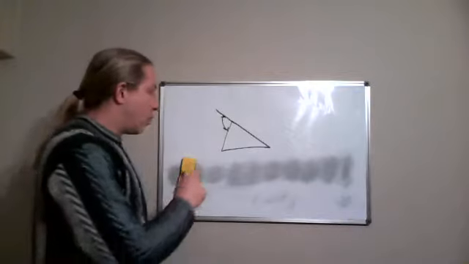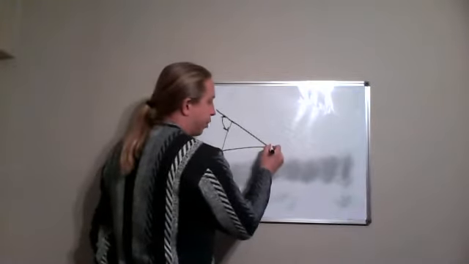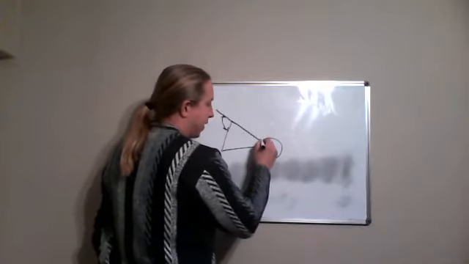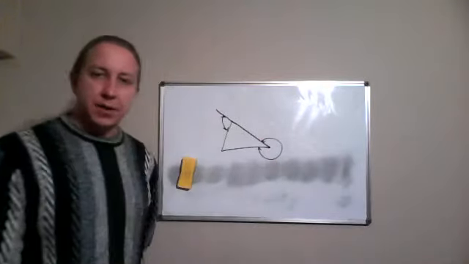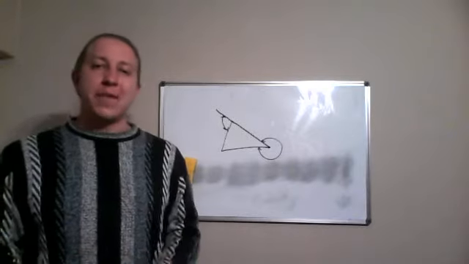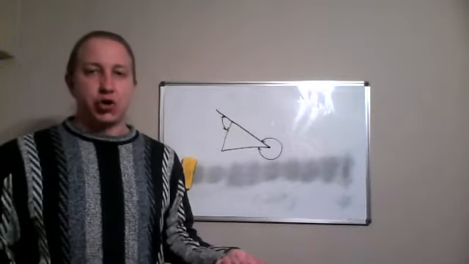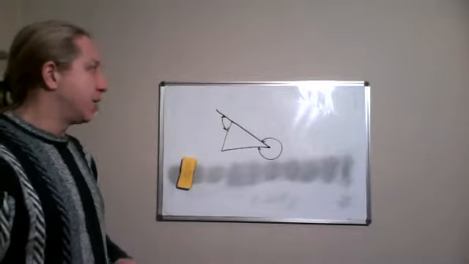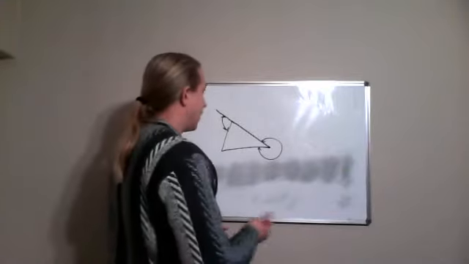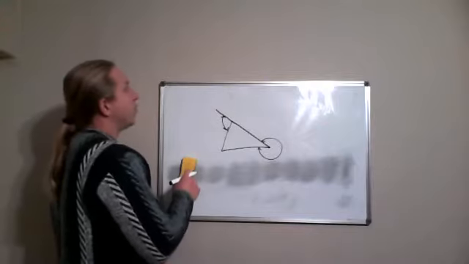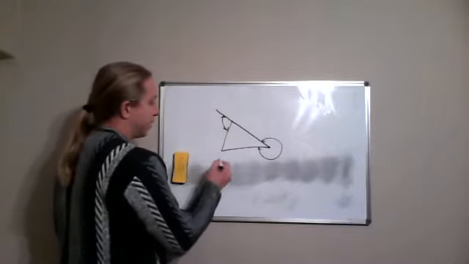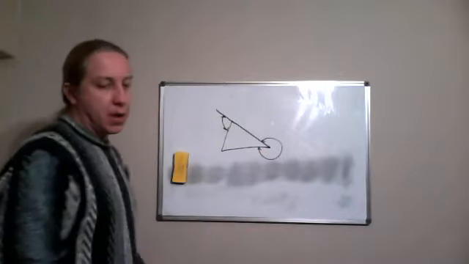Well, I think we can, because if we look at this point over here, this here is a reflex angle. Obviously we can't have a reflex angle inside the triangle, but we can definitely have one outside of the triangle. Let's actually think about it. Could we have a reflex angle outside of the triangle? Yes, so that would be it.